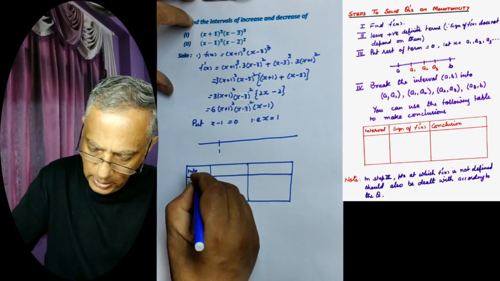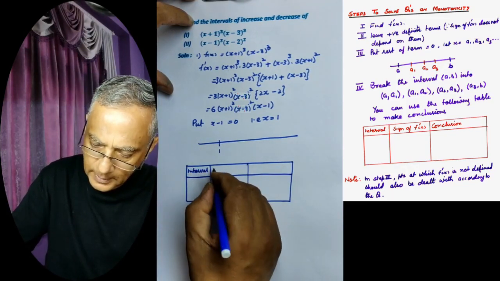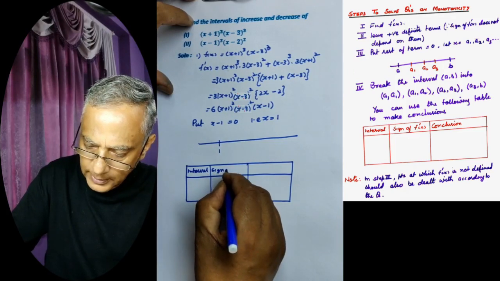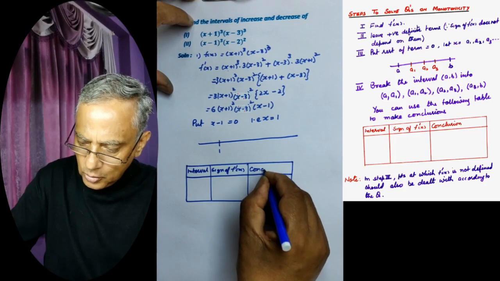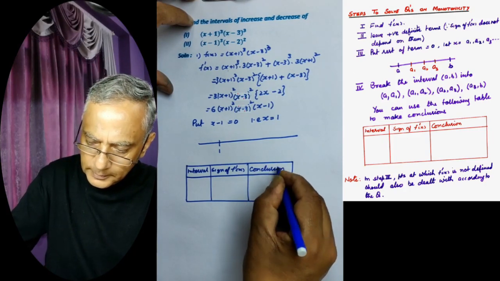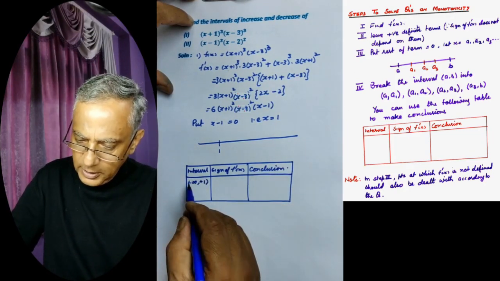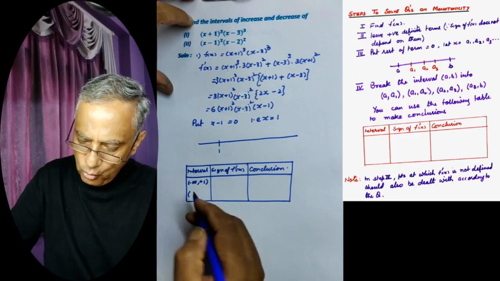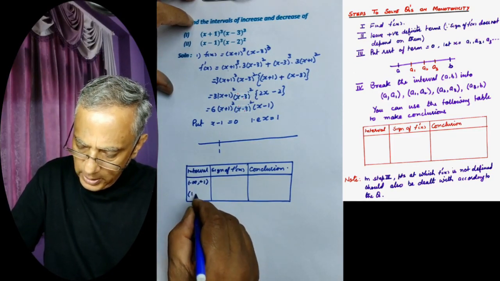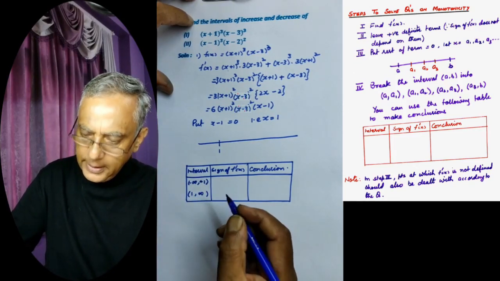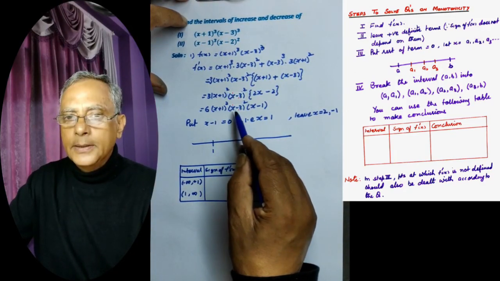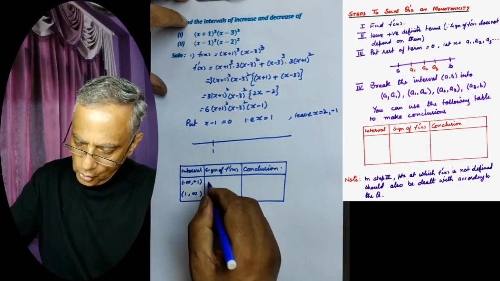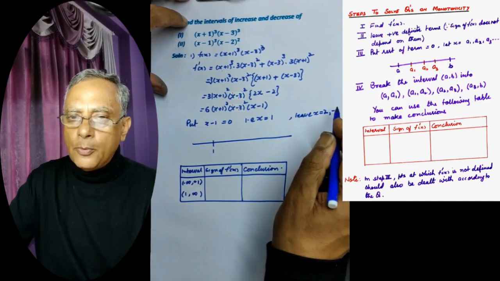This is interval, sign of f dash x, and conclusion. First interval is minus infinity to 1, and next is 1 to infinity. We will leave the points at which these two terms are 0. So I will tell you how to include these points.